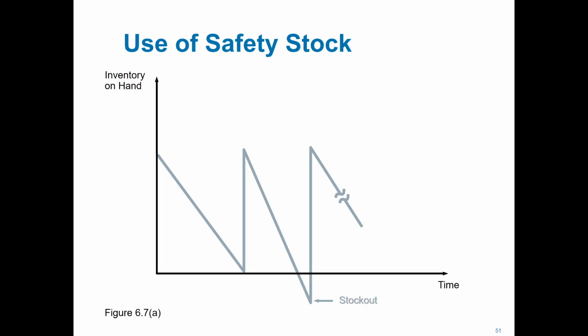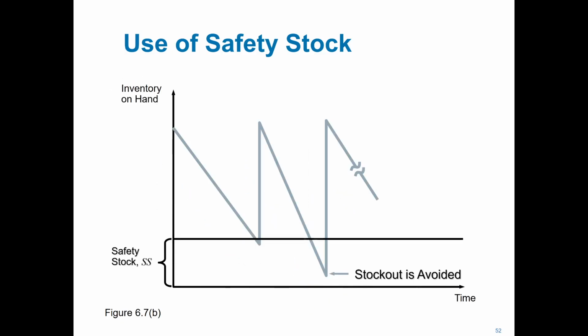Here we are showing that if the demand is uncertain during the lead time, then it may turn out to be a stockout. So what we do is we add a safety stock, which is some kind of a cushion. So if there is some uncertainty, we can avoid the stockout.